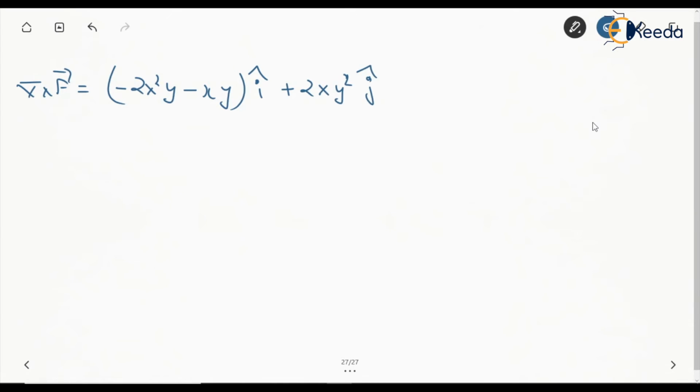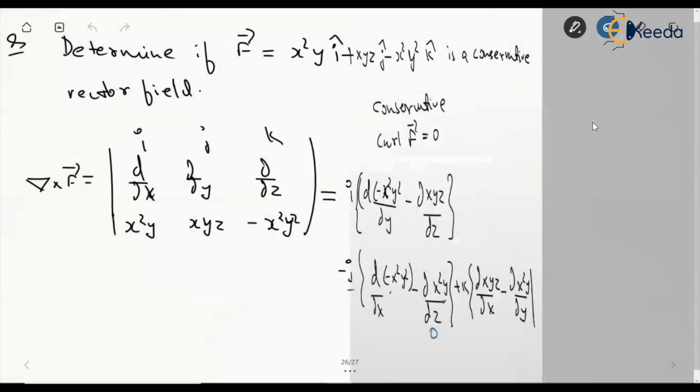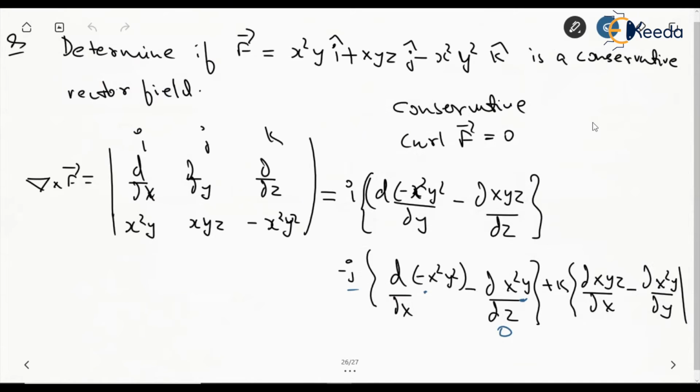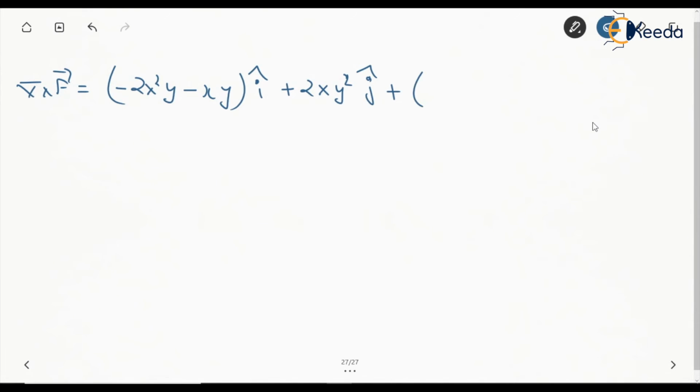Third one: this will give yz, and this will be minus x squared. So this is plus yz minus x squared k.